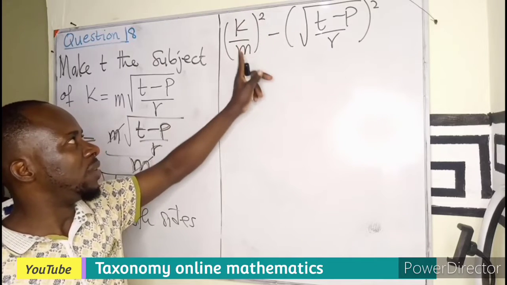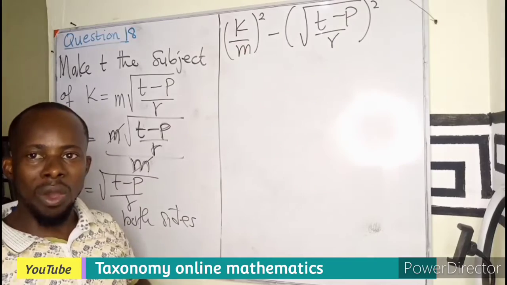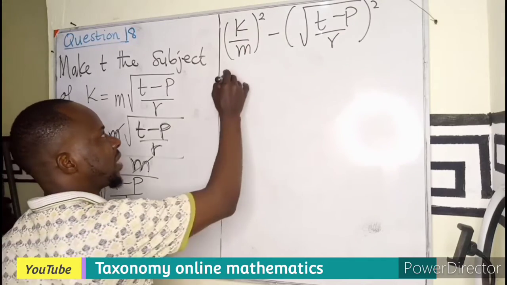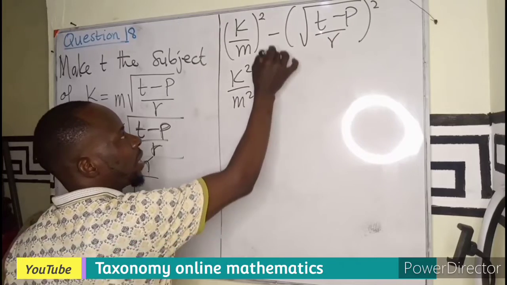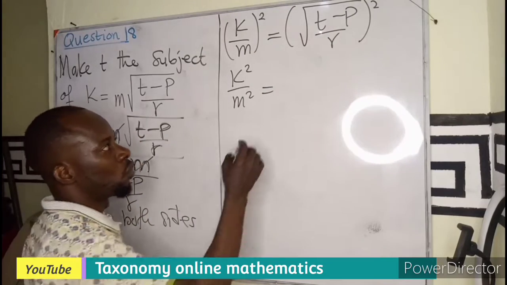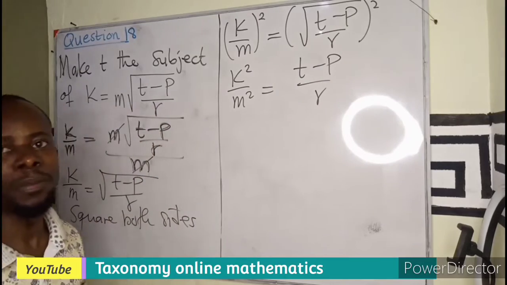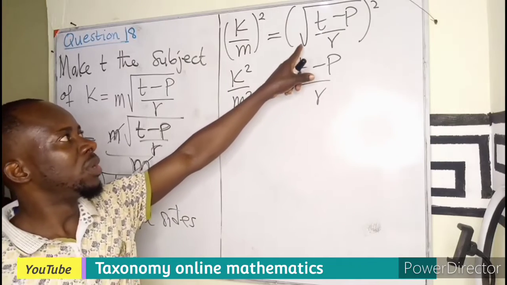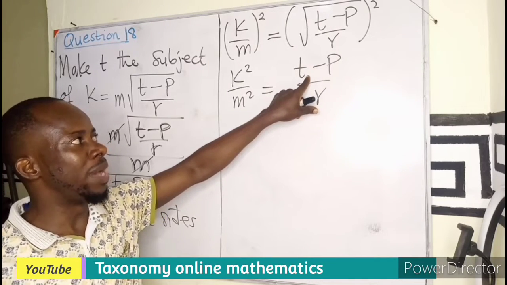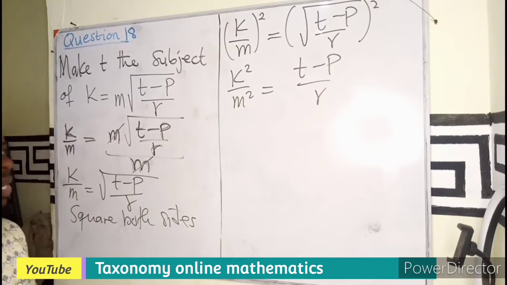If I have a division and there's a square root, the power can affect all of them. So that means I have K squared over M squared equals only T minus P over R. Do you get it? The square root is now taken off, so (T minus P) over R remains the only fraction we have.